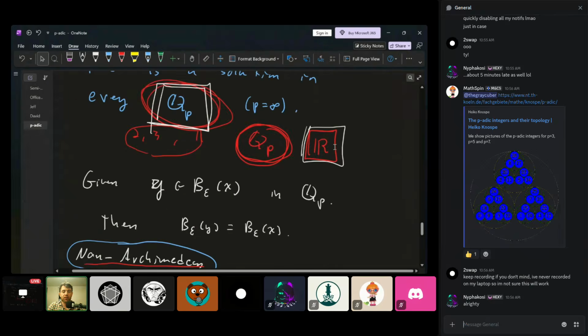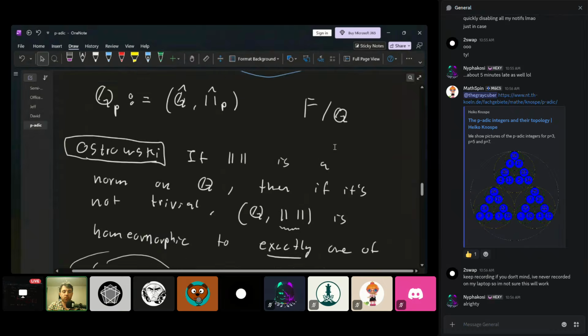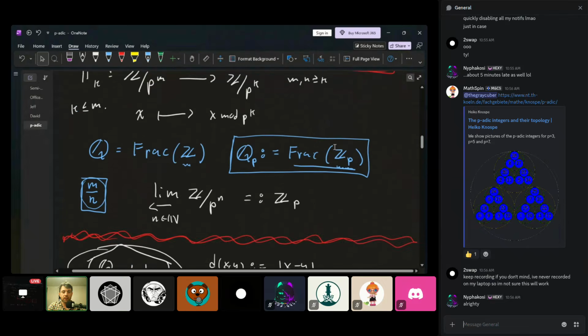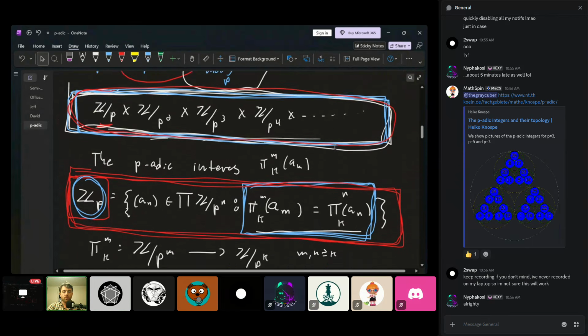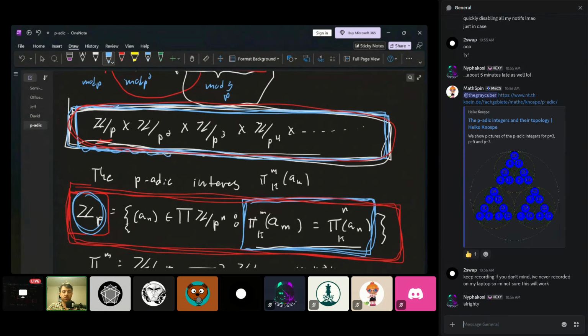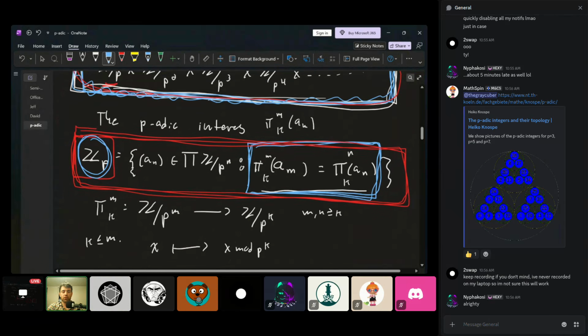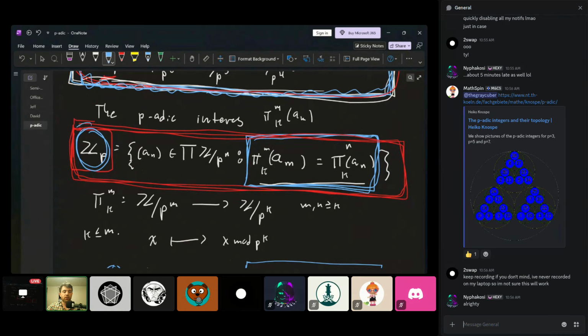One thing I didn't quite explain, though we talked about it a bit, was the fact that this thing has the structure of a ring. Certainly, multiplying together all of the integers mod prime powers, this has the structure of a ring. And then it's a theorem you need to check that this subset is in fact a subring.